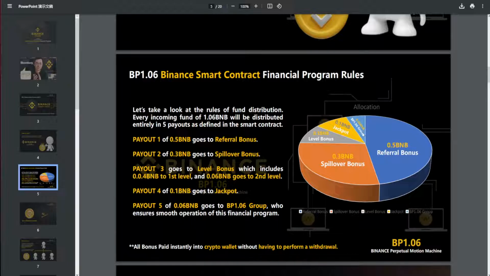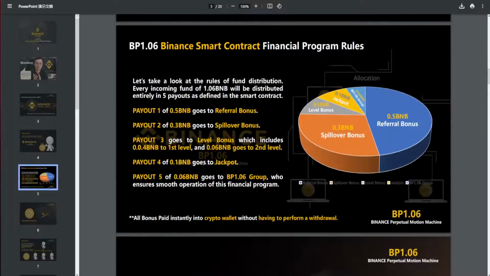When someone deposits 1.06 BNB, it is divided into 5 different payouts. Payout 1, which is 0.5 BNB, goes to the referral bonus. Payout 2, which is 0.3 BNB, goes to the spillover bonus. Payout 3 goes to the level bonus, which for the first level is 0.04 BNB, and for the second level is 0.06 BNB.